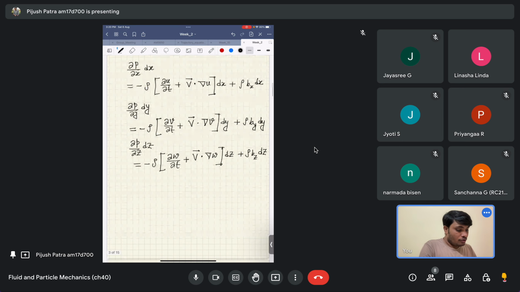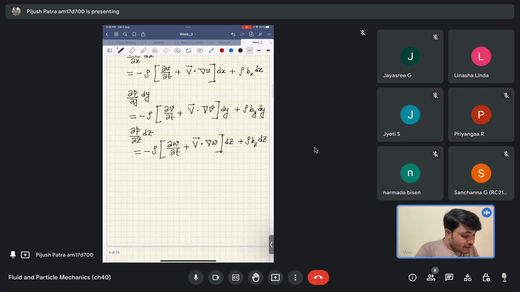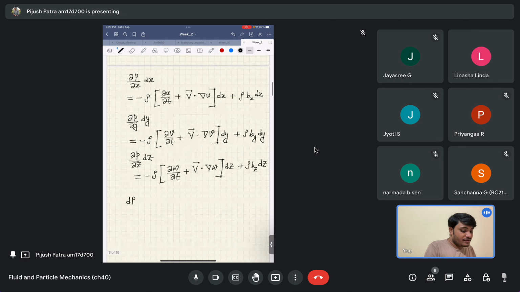Okay, so then what is dp? Now I have to add these three terms, because dp is equal to the sum of these three terms, right? So then I can write dp in this form.